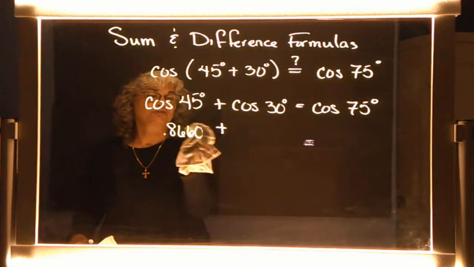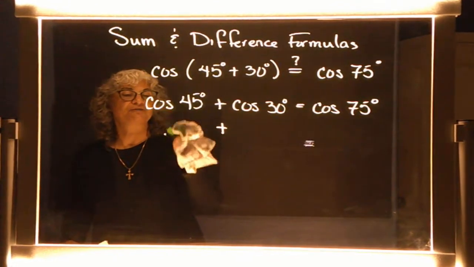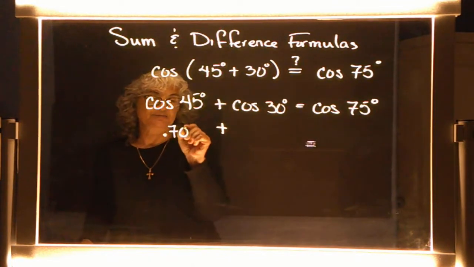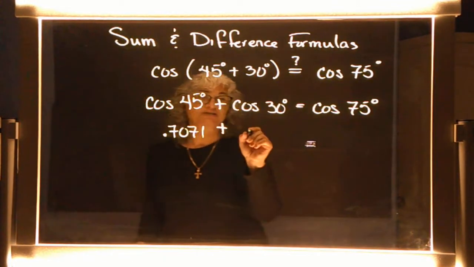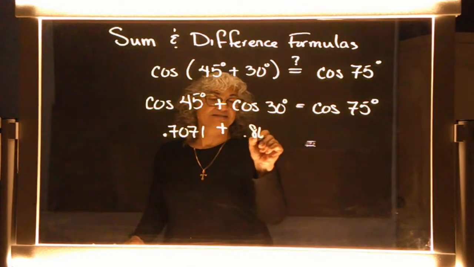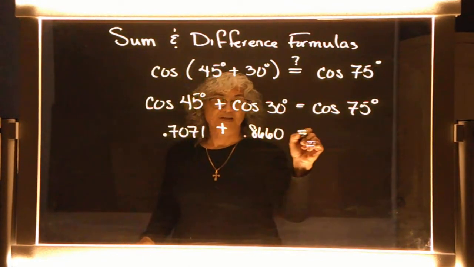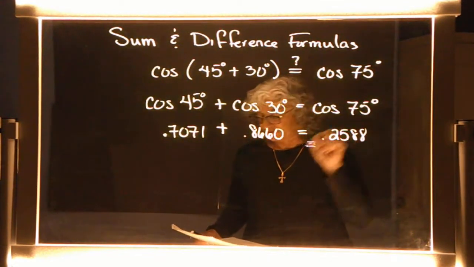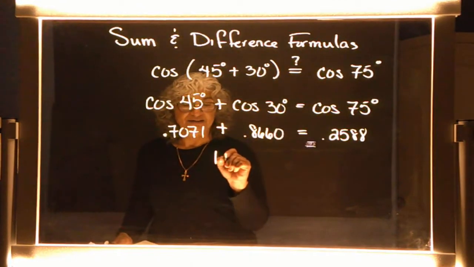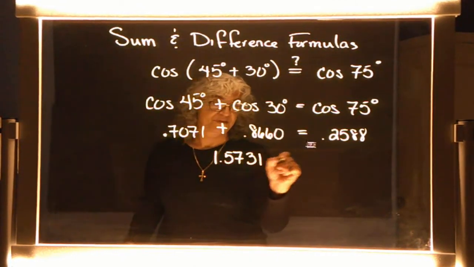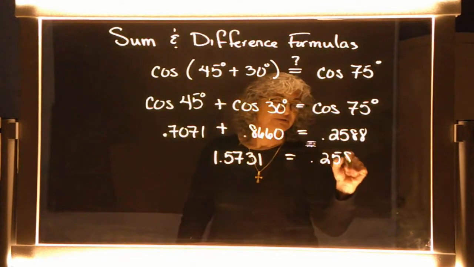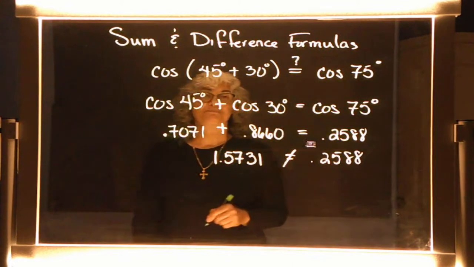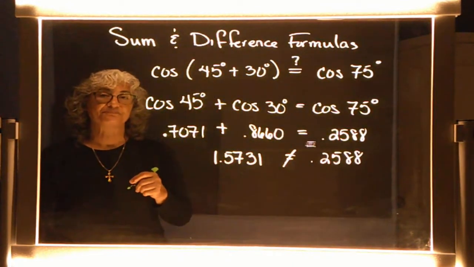The cosine of 30 degrees is this 4-digit decimal, and the cosine of 75 degrees is this 4-digit decimal. If I add the left side together, is it equal to this number on the right side? No, it's not.